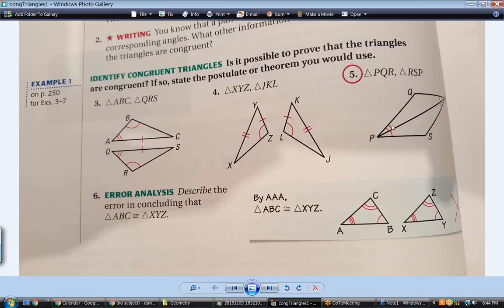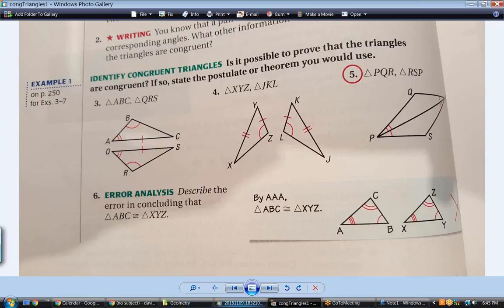No, they're not. That's an angle, that's an angle, that's an angle, and that's an angle, but PR is equal to itself, and PR is a side. Okay, so a diagonal is a side. So you have 2 angles and a side. So it'd be the AAS postulate.